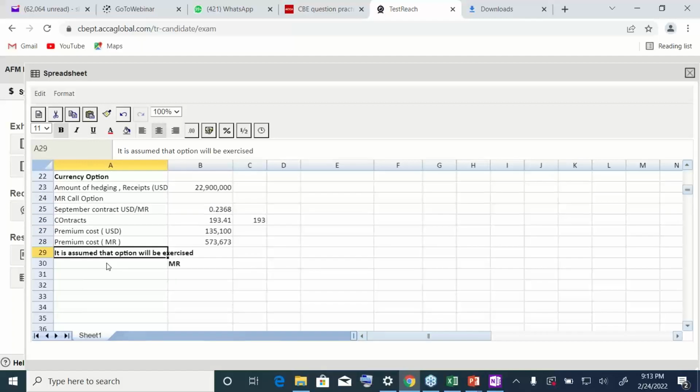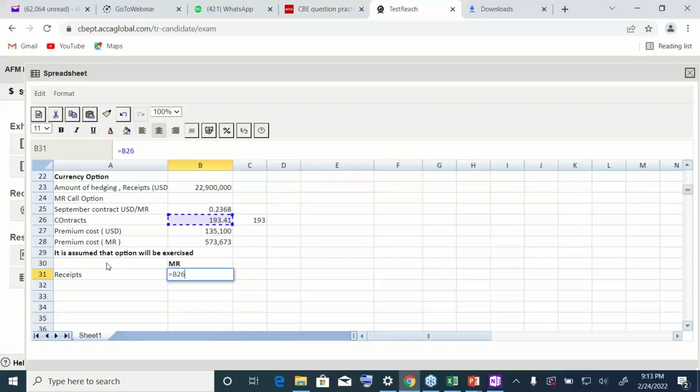Whenever you write this statement in exam, that option will be exercised, quickly move to step number 2. What contract have you done? Sir, we have entered into a contract that we will receive MR. Call means receive. Receipts.